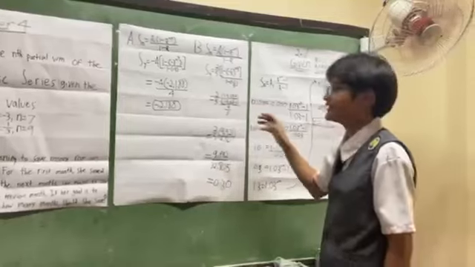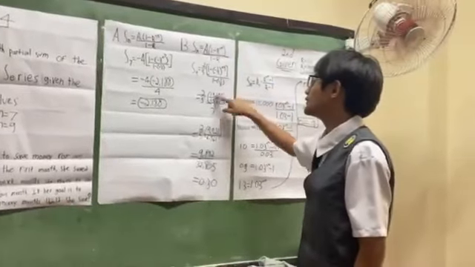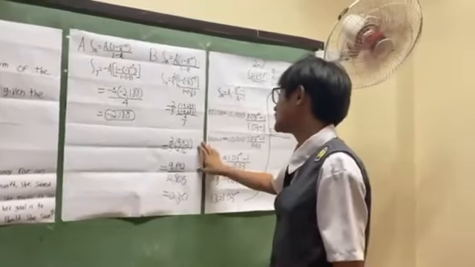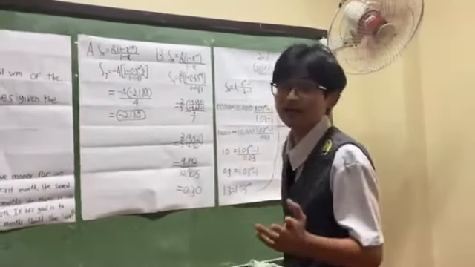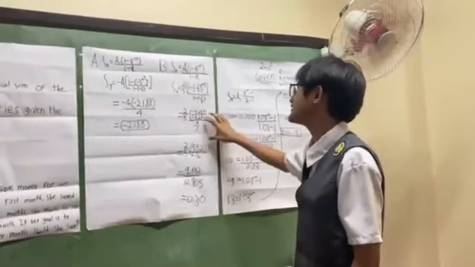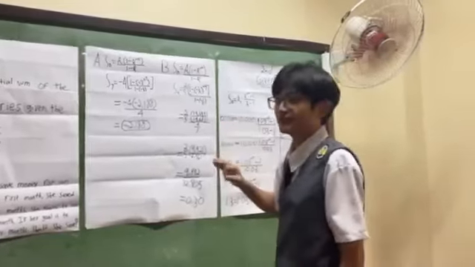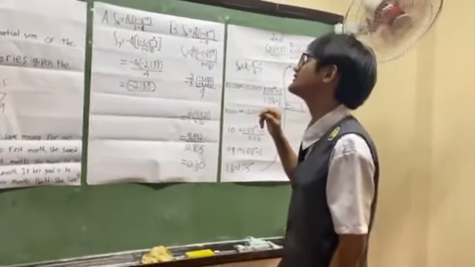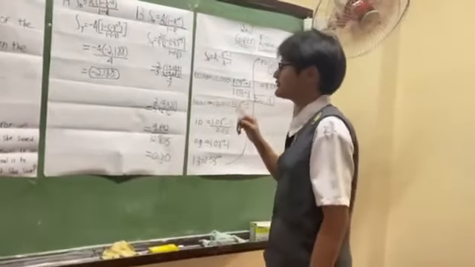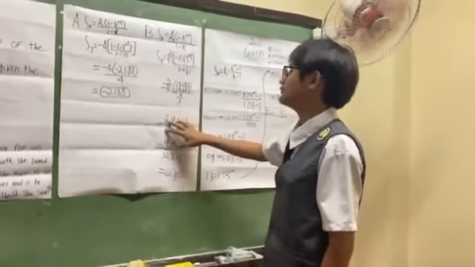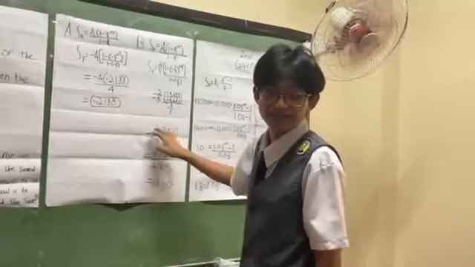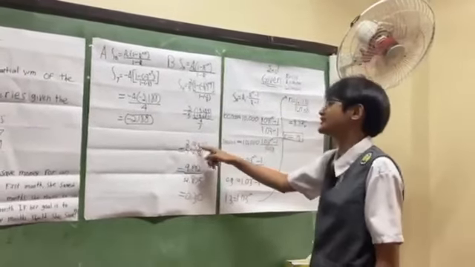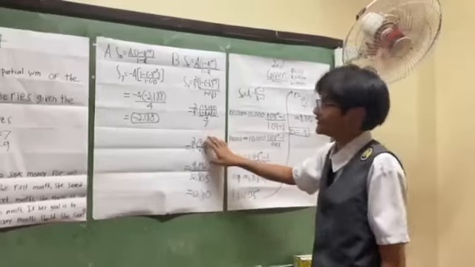simplify it and divide it. So, 19,684 divided by 4 would be 4,921. And 19,683 divided by 3 would be 6,561. So now, we must multiply this.